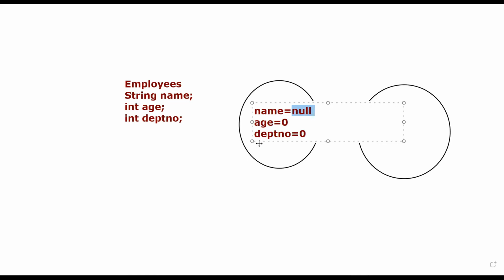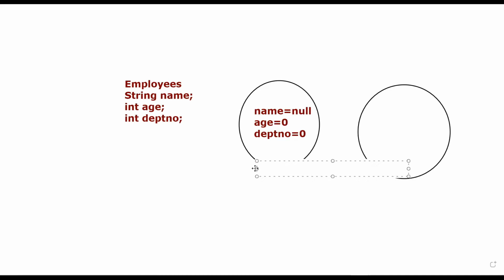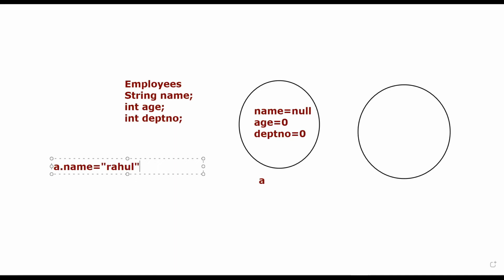So let's say the reference for this object is A. So I will be referring to this object with A. Whenever I write A dot and I use name, I'm actually replacing this null with the value which I want to give here. So here, let's say I want to give the value as Rahul. So what I'm doing is, the value is already initialized in the object. I'm just changing it to Rahul because this is a variable and I can change the value. So this is how it works.